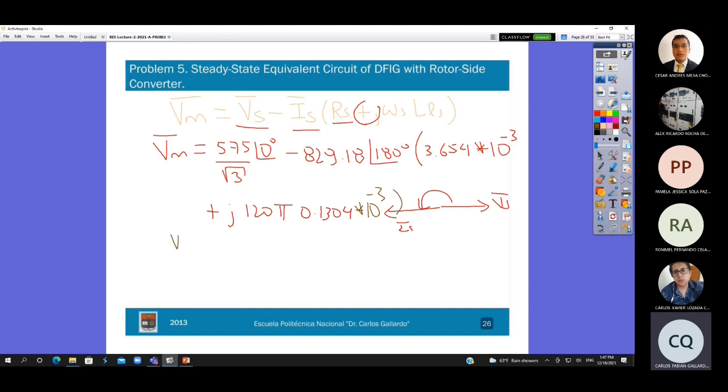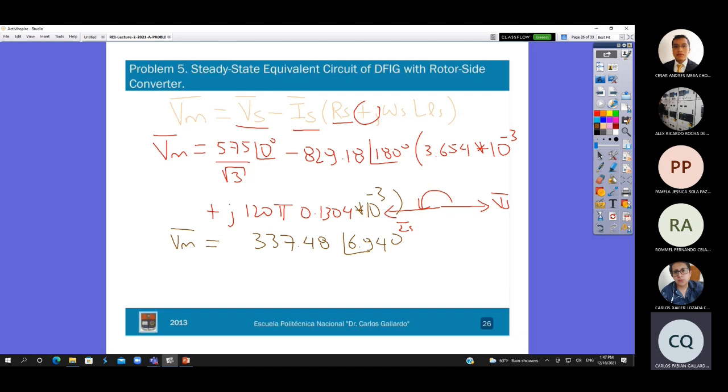Therefore, this magnetizing voltage is equal to 337.48 with an angle of 6.94 degrees. This is the root mean square value of the voltage.